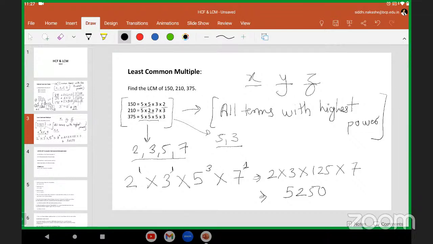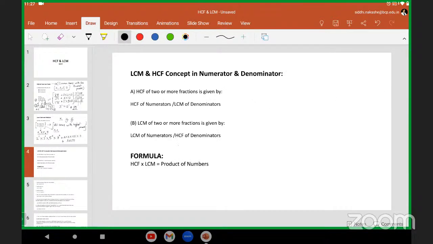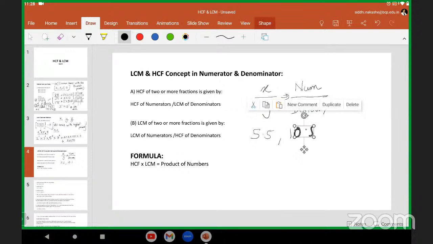Okay, let's move forward. Please note down these three formulas. When there are fractions, a fraction is nothing but x upon y, where the above thing is called the numerator and the below thing is called the denominator. Whenever you have a number like 5.5 or 10.5, usually we convert it into a fraction.